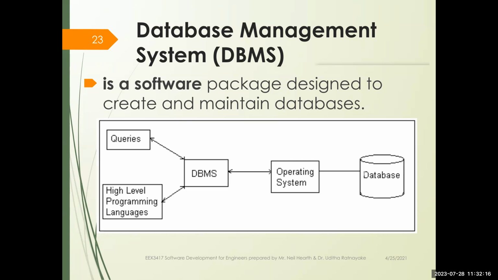Now there are centralized databases in Food City, Keells, like those places. When customers give items, they check the code by barcode, and then it is stored in the centralized database.